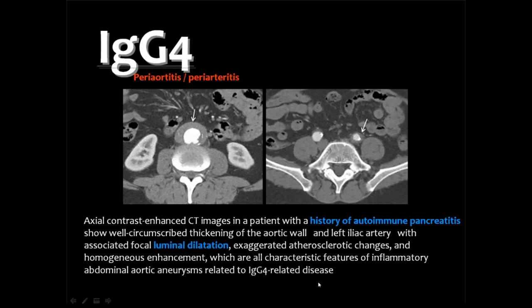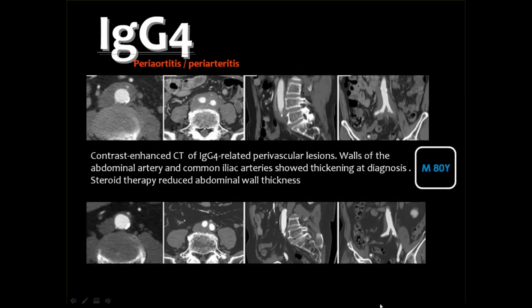And one of the helpful diagnostic signs, as I have mentioned, is the luminal dilatation. The aorta is somewhat dilated compared to the aorta surrounded by the retroperitoneal fibrosis, which is not dilated. Also, the periaortitis does not involve the ureters, and it responds very well to the corticosteroids.